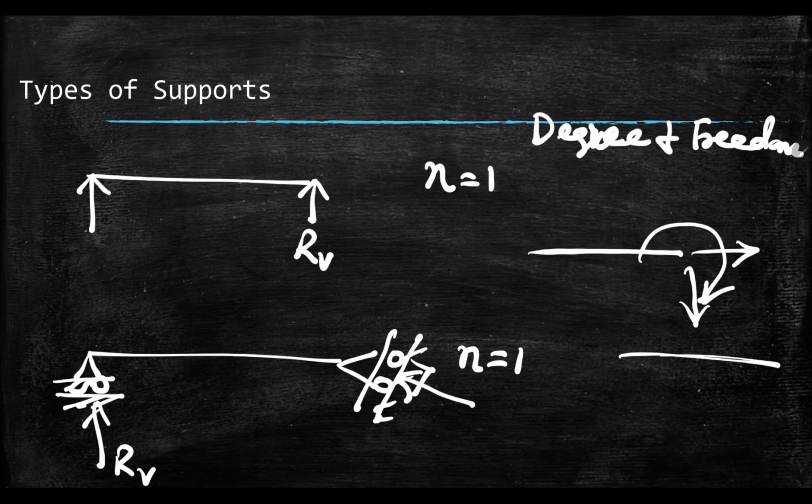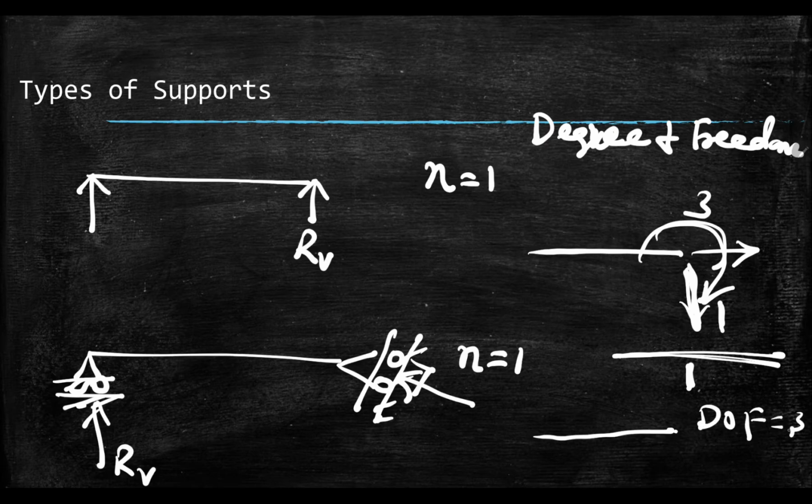It can move in this direction, that is 1 degree of freedom. It can move in vertical direction, that is another degree of freedom. And this can rotate, that is 1 more. So that means in a plane beam element, at one end you will have 3 degrees of freedom that you need to resist.